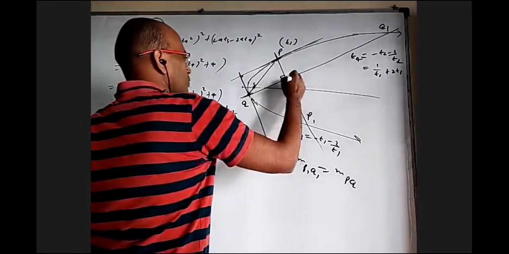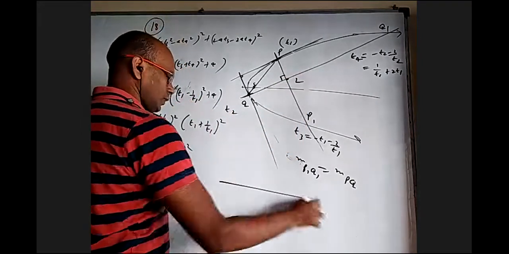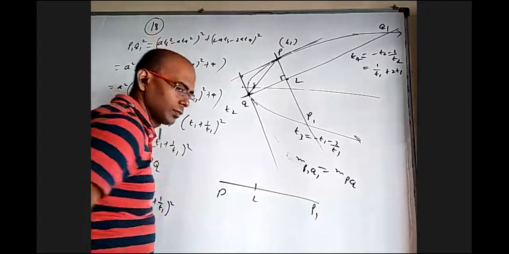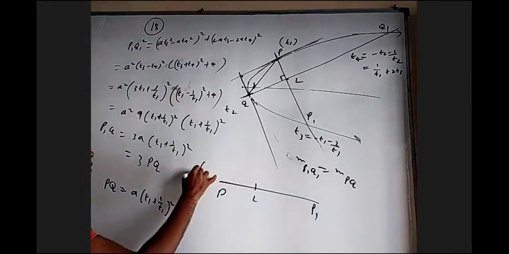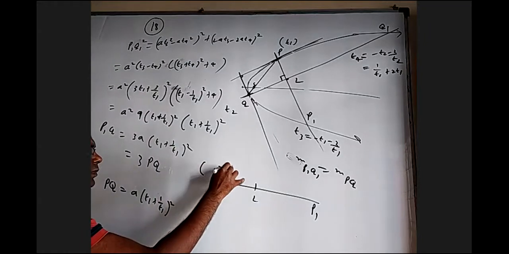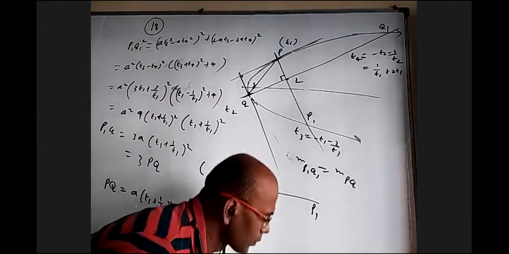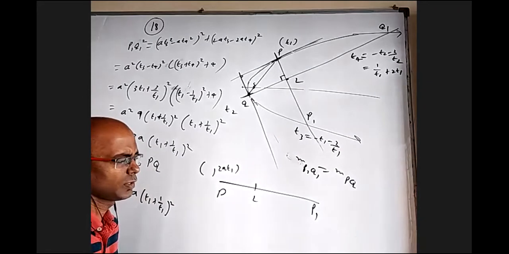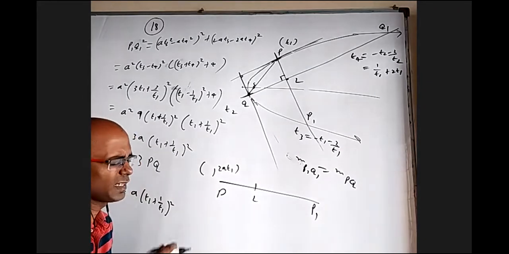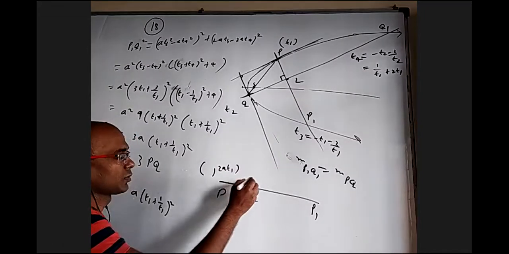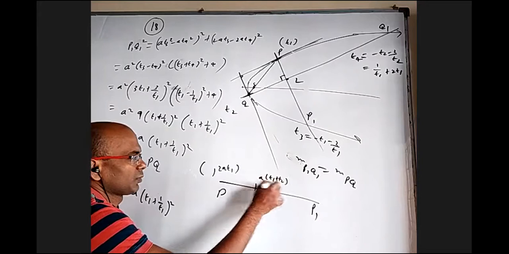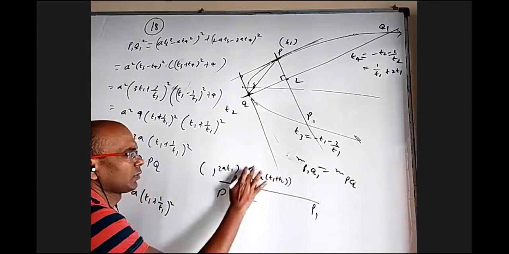Let's see, if I call this point L, P, L, P1. The coordinate for this is 2at. For the point of intersection of normals, there is a formula. What is that? a t1 t2 comma a into t1 plus t2. So this is going to come a into t1 plus t2 by coordinate only.